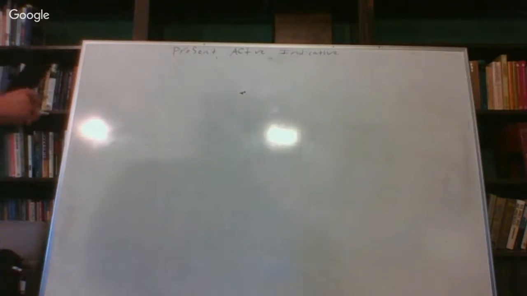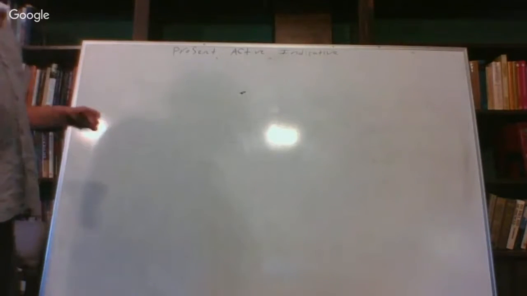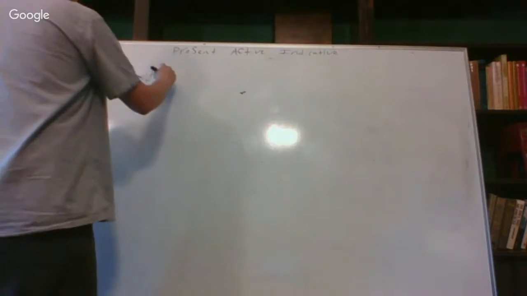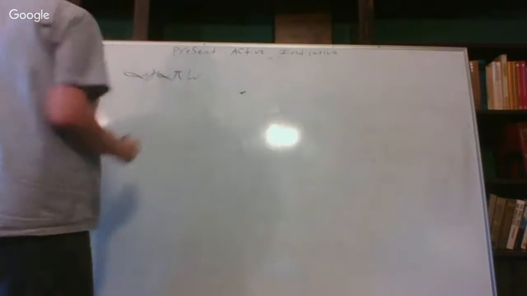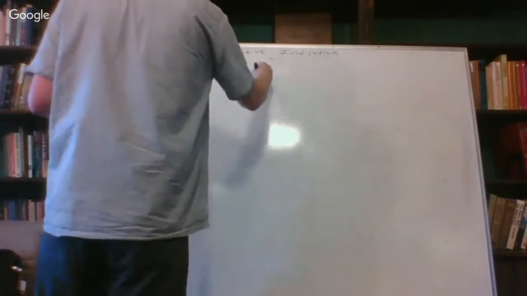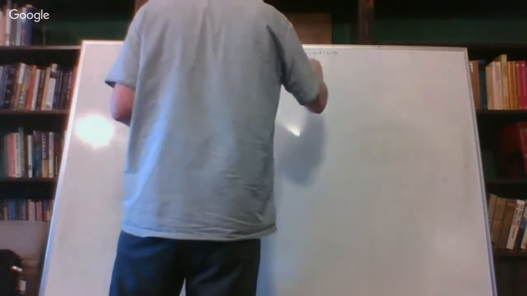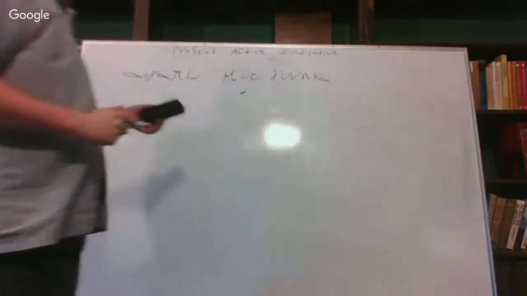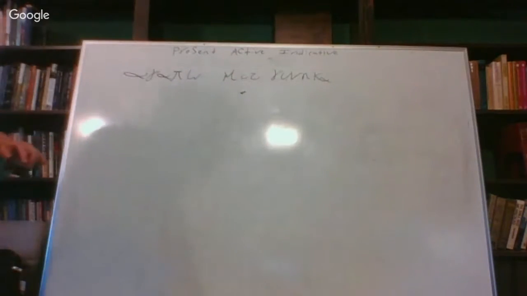And what we talked about last week, and I touched on a little bit today, is that the verb has to agree in number and in person with the subject. Sometimes, an advantage with these personal endings is that the verb can carry the subject. Agapo mou gunaika.